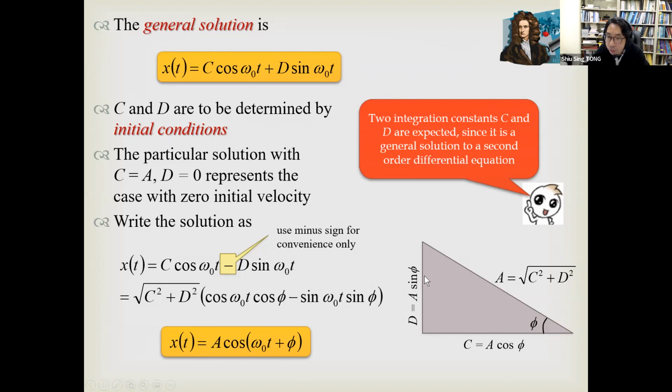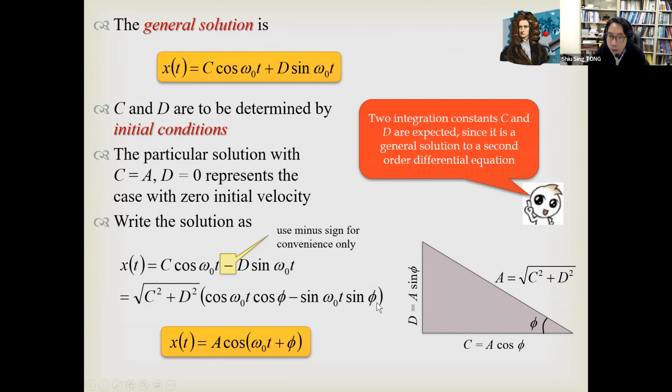And since from this triangle, the opposite side or the height of the triangle is A sine phi, while the base of the triangle is A cosine phi, instead of writing C and D, we can write C as A cosine phi, and we can write D as A sine phi.